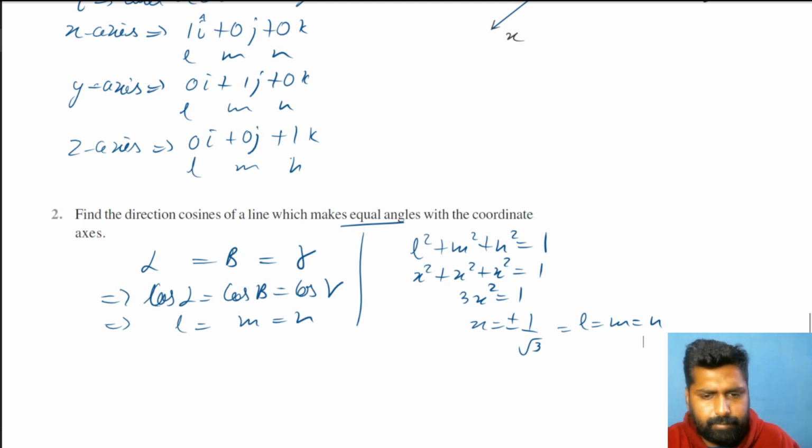Fine. That's all about your direction cosines. Now let's start with vectors. Let's start with straight line. So now there are formats as such.